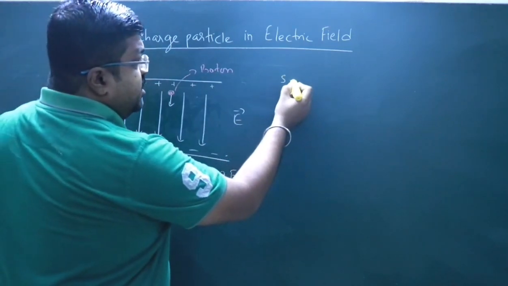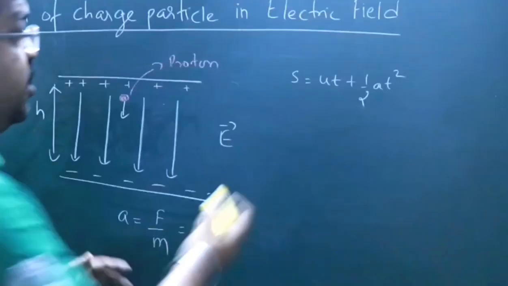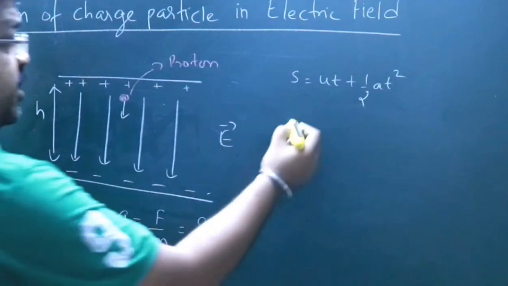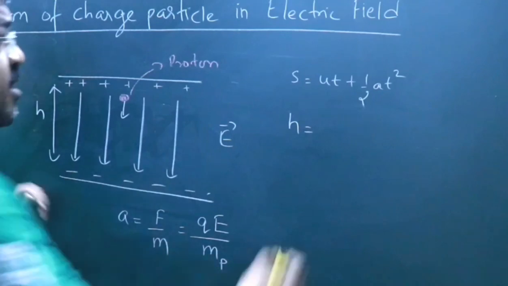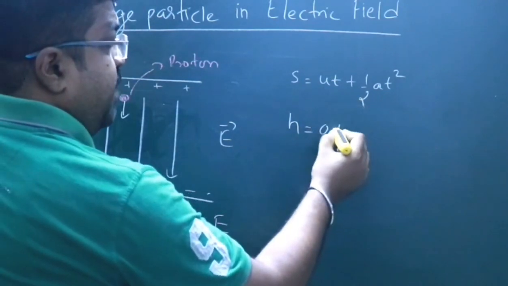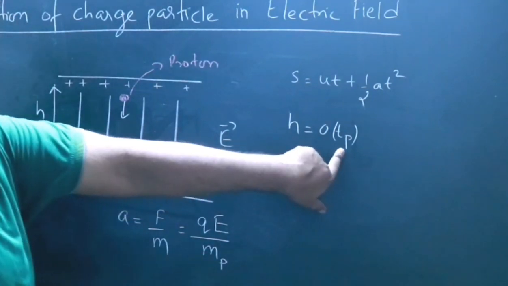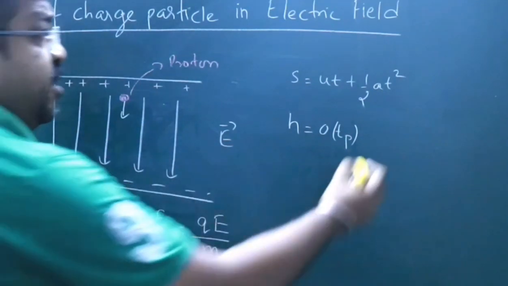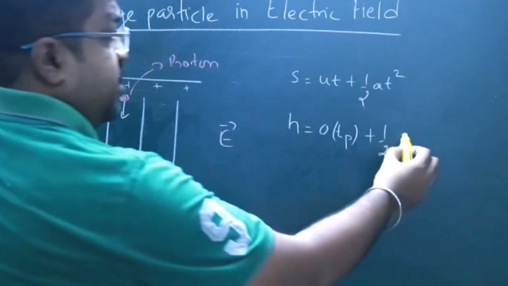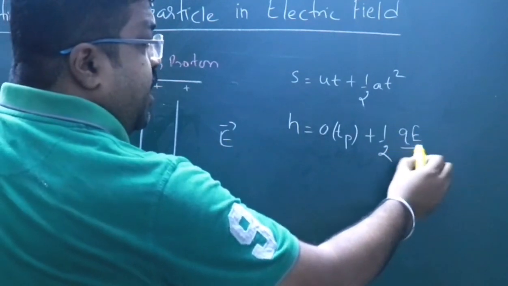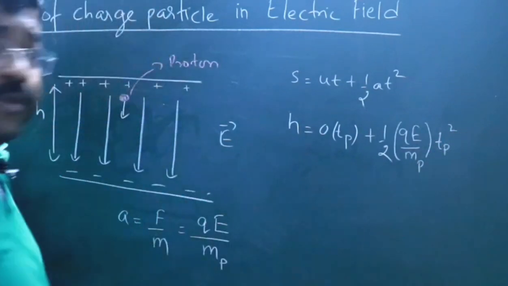Now if I use this equation, S is equal to ut plus half at square, so this S is the displacement, so that is H. Initial velocity is 0 because the proton is dropped from this height, so this is 0. T is the time taken by the proton to travel from this point to this point, so we have taken it to be T subscript P, okay, so this is plus half, the acceleration is this one, so it is QE by the mass of the proton, Tp square, okay.